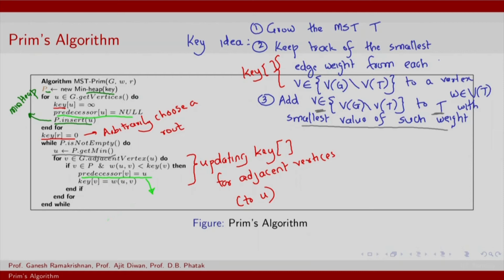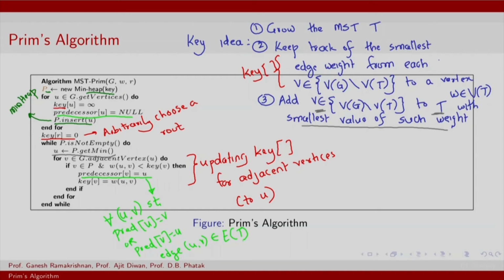So for all u, v such that predecessor of u is v or predecessor of v is u, edge uv will belong to the edge set of T.